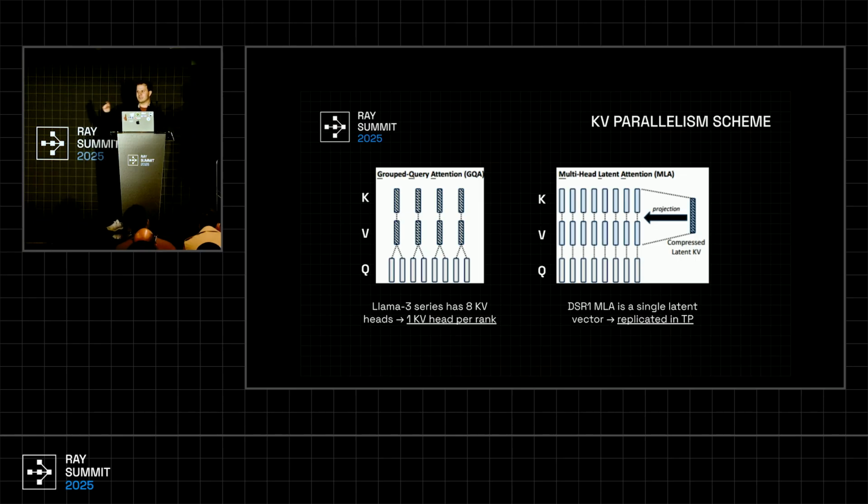And this single latent KV vector, there's no way to shard across a variety of ranks. So if you're running DeepSeek R1 with MLA, you have to effectively replicate the KV cache on every single TP rank, which means you have 1/8 of the theoretical KV cache capacity that you could have if you had a normal setup.